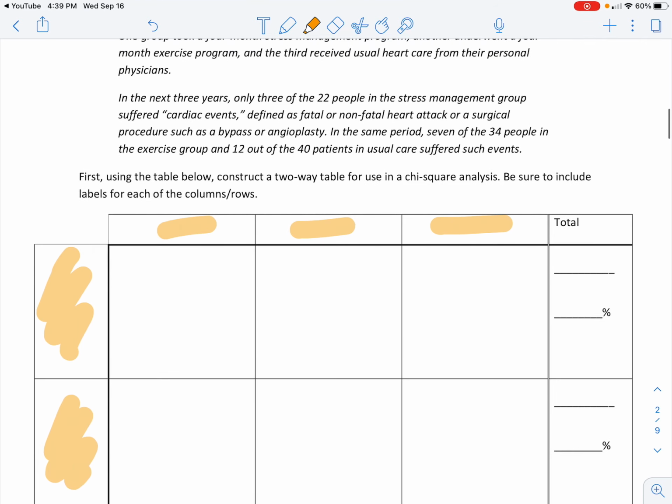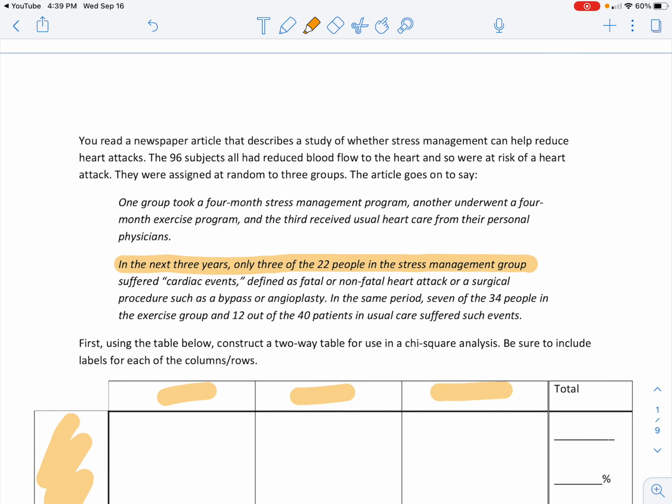Okay, so what you want to take a look at is, in reading through this... sorry, let's actually go back. You read a newspaper article that describes a study of whether stress management can help to reduce heart attacks. The 96 subjects, there's one piece of data, all had reduced blood flow to the heart, and so they were at risk of a heart attack.